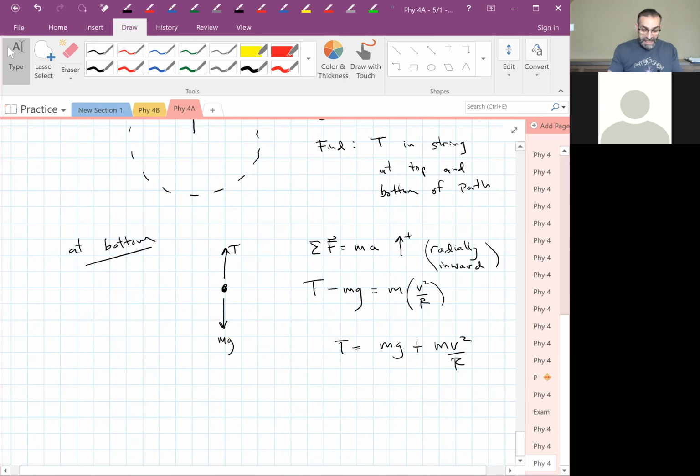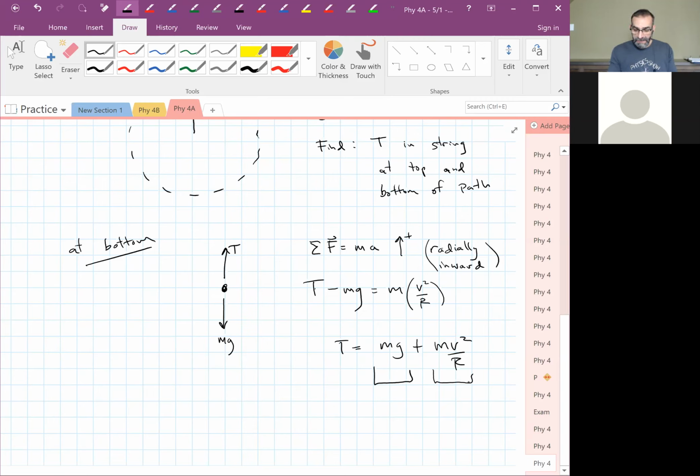The string is not only holding up the weight of the object, it's also providing the force needed to change the direction of motion. So this tension in the string is quite large. It's holding up the weight of the object, plus providing the force necessary to keep the object moving in a circular path.